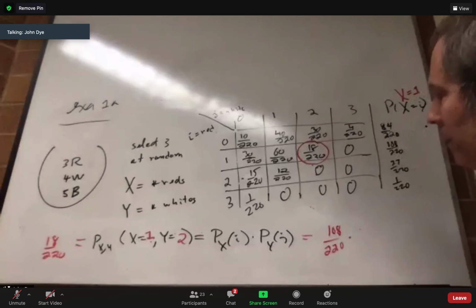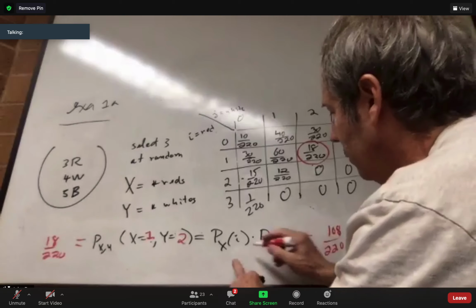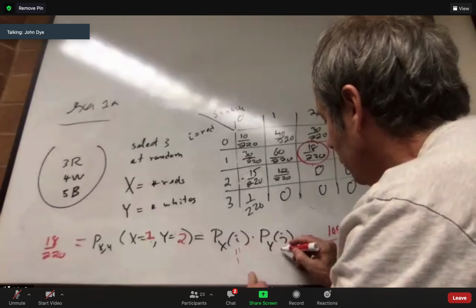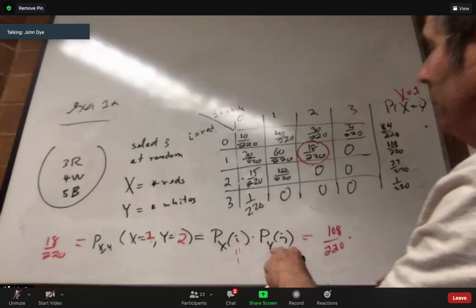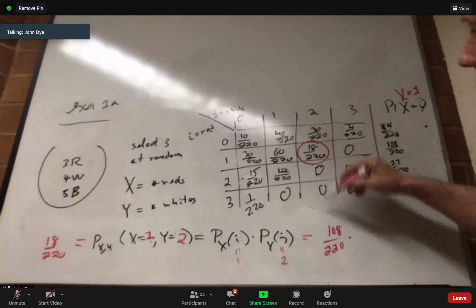Now the thing I don't have here is the probability of getting 2 whites. We could sum going down: 30 plus 18, so 48 over 220. Exactly right. So I need this.